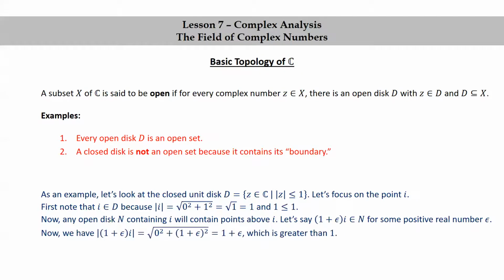Now we have the absolute value of (1 plus epsilon) times I equals the square root of 0 squared plus the square of 1 plus epsilon, which is equal to 1 plus epsilon, which is greater than 1. Therefore, (1 plus epsilon) times I is not in D. It follows that N is not a subset of D, and therefore D is not open.